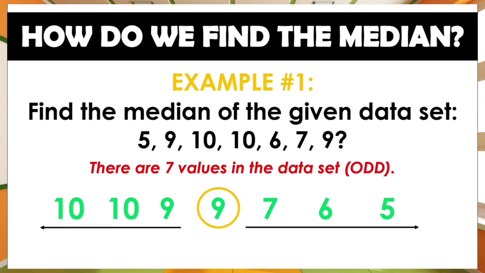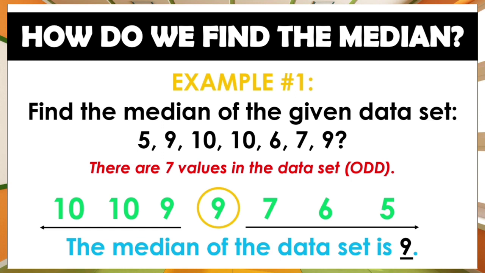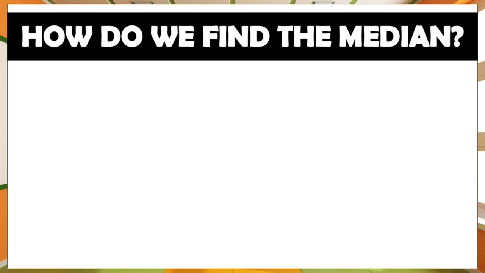So whatever arrangement you choose, the answer will not change. But for uniformity, we arrange the data from lowest to highest. Let us continue with our example number 2.